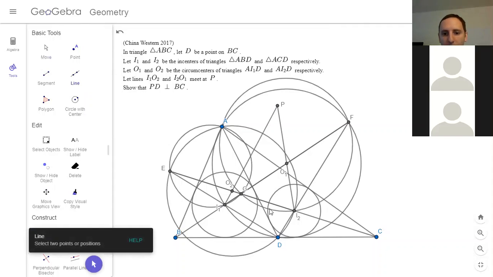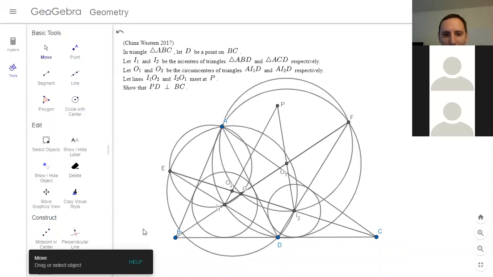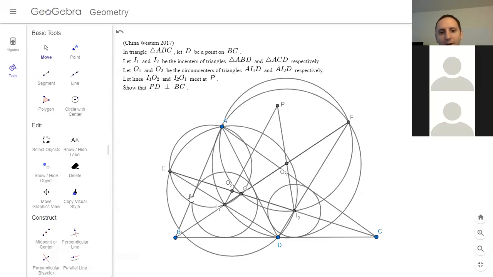So one way we could show PD is perpendicular to BC: A is the Miquel point of I1G, I2D. Yeah, I just realized it's the Miquel point, and that's obvious, because A is the intersection of E, DI2, that circle, and F, DI1.